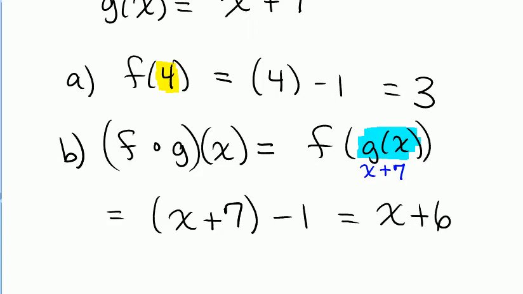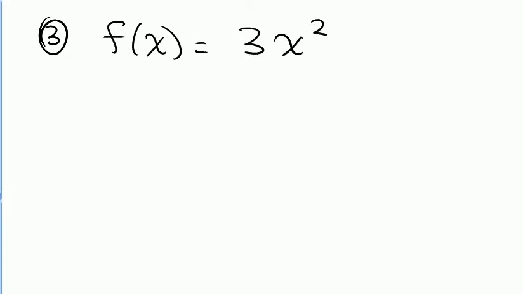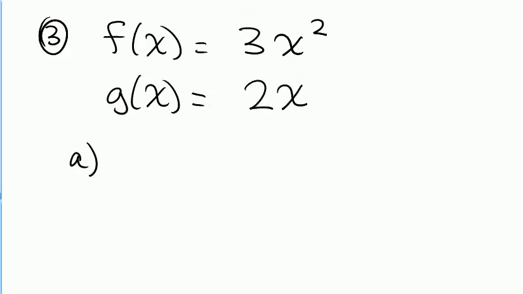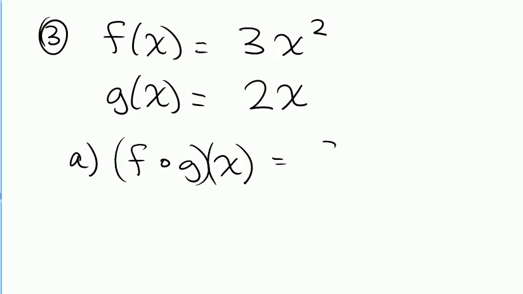Let's try one more set of equations. F of x is going to equal 3x squared. G of x is going to equal 2x. So let's find f of g of x. We will also be finding g of f of x. So for f of g of x, this is f of g of x, written in the other manner.